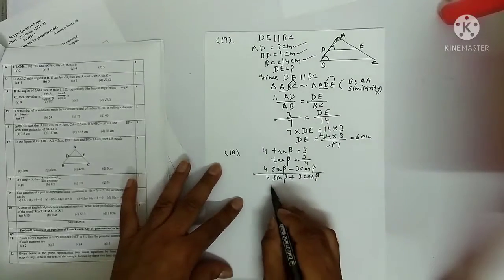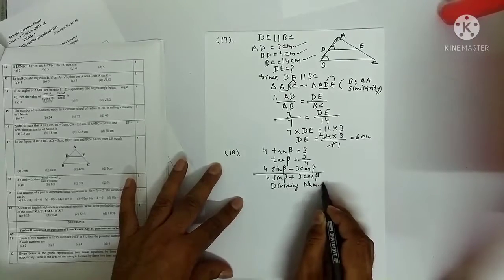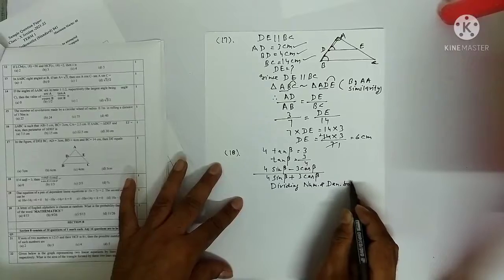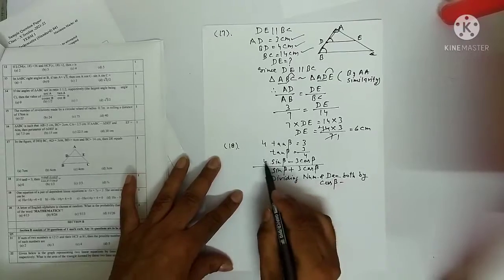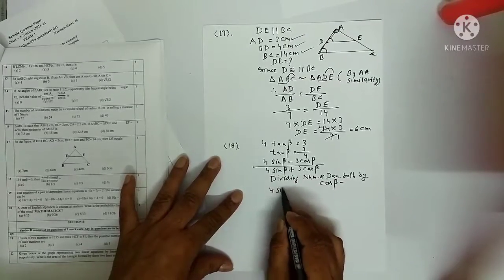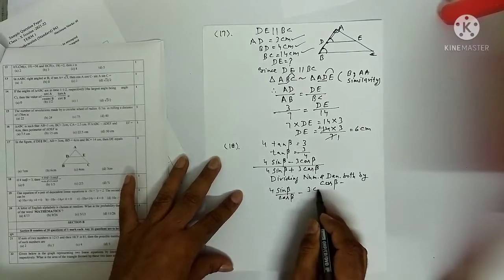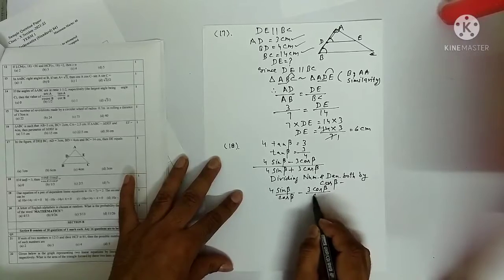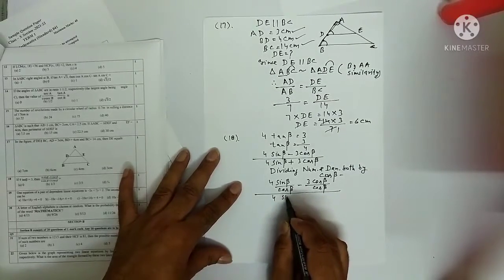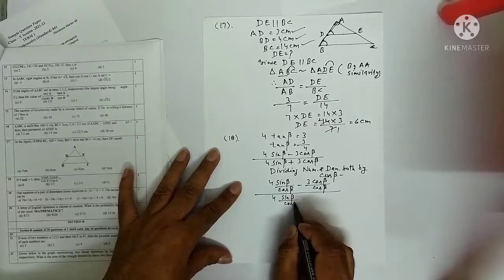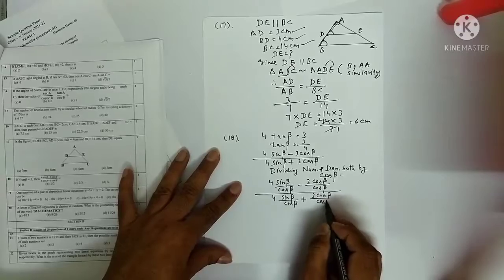You will divide the numerator and denominator both by cos beta. So 4 sin beta upon cos beta minus 3 cos beta upon cos beta, upon 4 sin beta upon cos beta plus 3 cos beta upon cos beta.